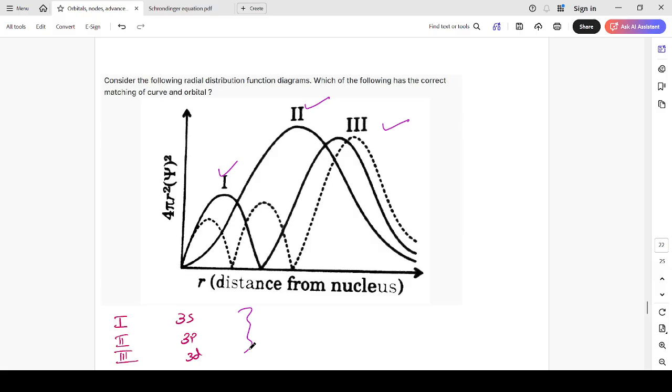One is 3p. I have 2p and 3p. 2 is 3d. 3 is 3s. Yes, ma'am.